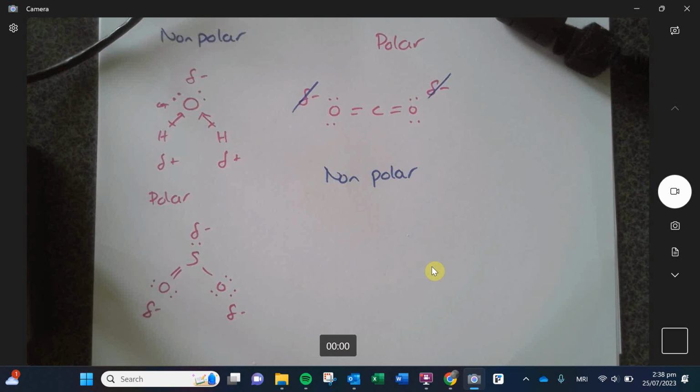So you see how we have negative all around? The thing we have to remember, though, is that the negativity caused by lone pairs of electrons versus bonded pairs of electrons is different. So this is not an even negative distribution.